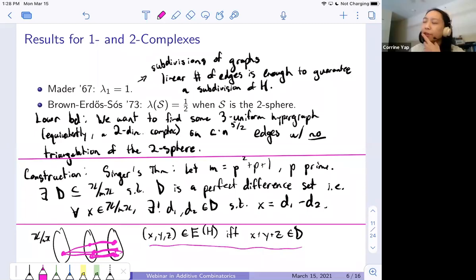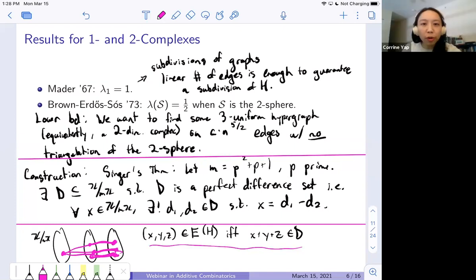Or sorry, you're trying to construct a hypergraph with no triangulations of 2 spheres, and the thinking was, what does the simplest, greedy algorithm give us? Because this algorithm is more clever, with the 3 copies of Z mod M. So you're saying essentially throw in edges until we would potentially create a triangulation and then skip the next edge. Yeah.